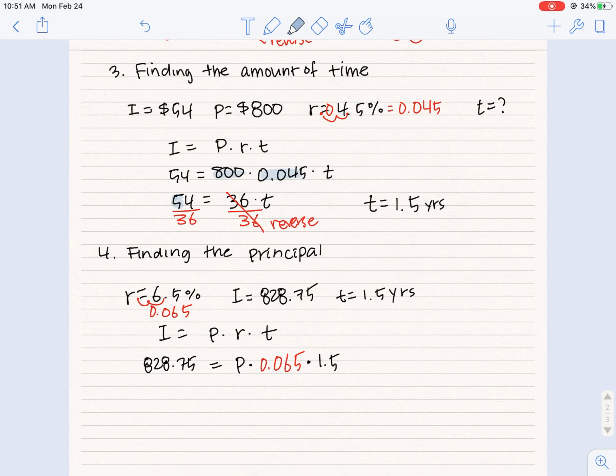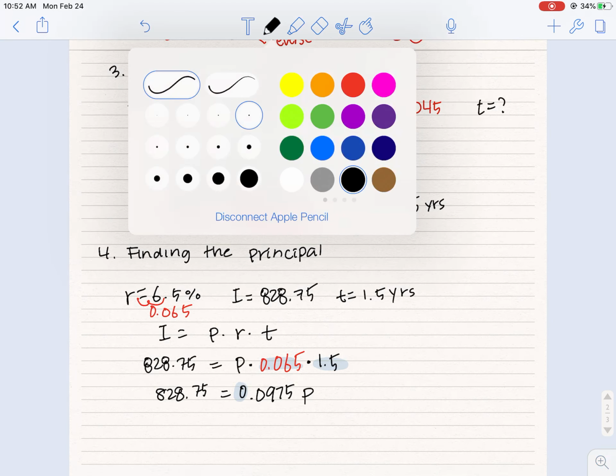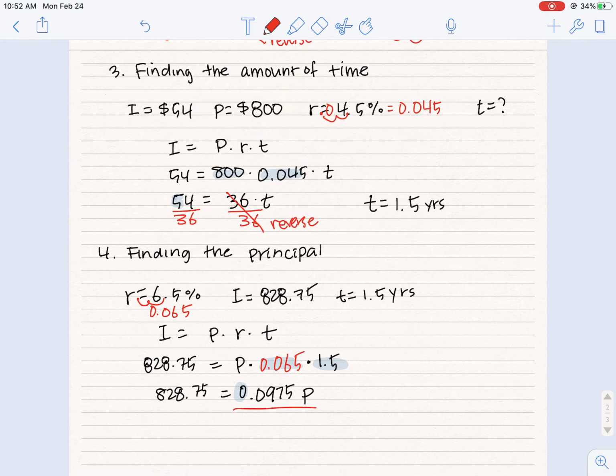So first step, multiply these two numbers, 0.065 times 1.5, which is going to give you a small number of 0.0975, and then you have to divide that. From here, again, I forgot a P right here. Okay, divide both sides.